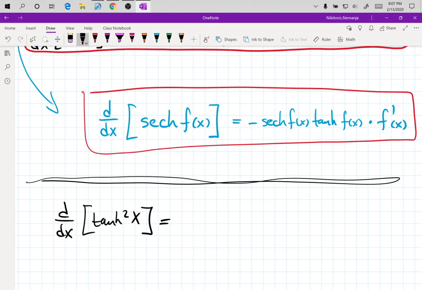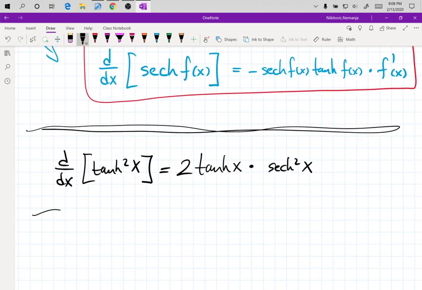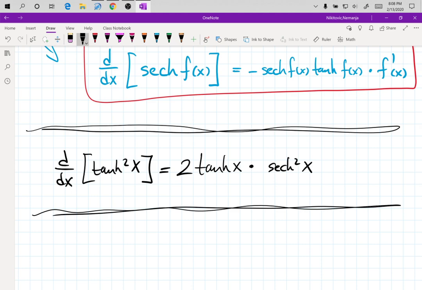Well, the derivative of something squared is 2 times something, which is tangent hyperbolic x, and then times the derivative of the tangent, which is secant hyperbolic squared x. Obviously, this would be something that we would call the basic problem.